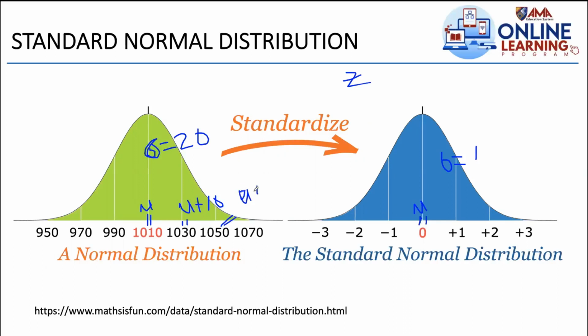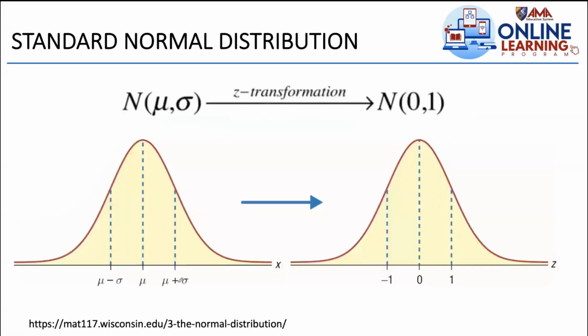It's true because sigma is 20, so 1010 plus 20 is 1030. 1010 plus 2 times 20, which is 40, is 1050, and so on. Similarly, this one can be mu minus sigma. So it follows what we discussed in the normal distribution in the second part. It follows the labeling, and that's what we see here also. Using this transformation, we can have this.